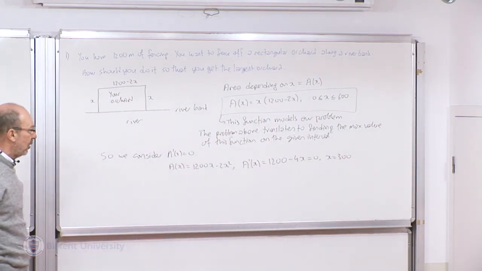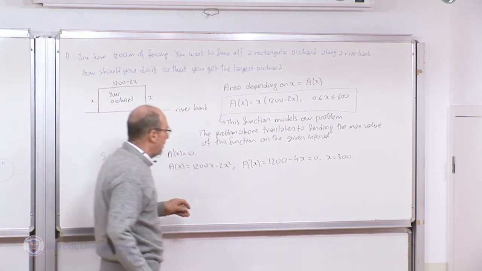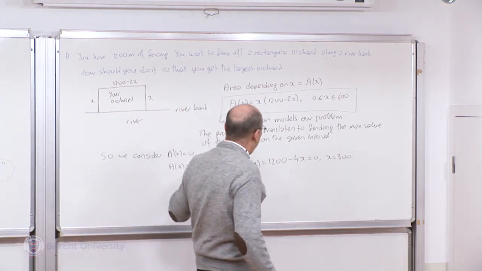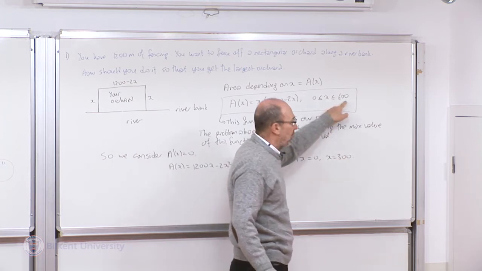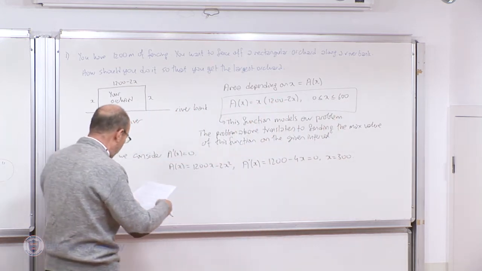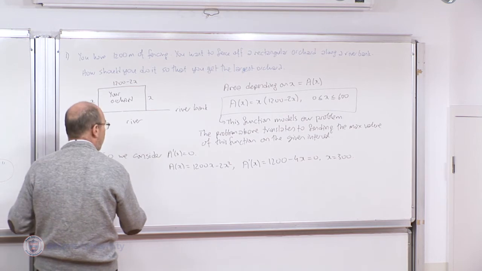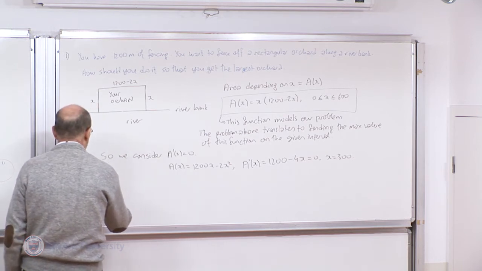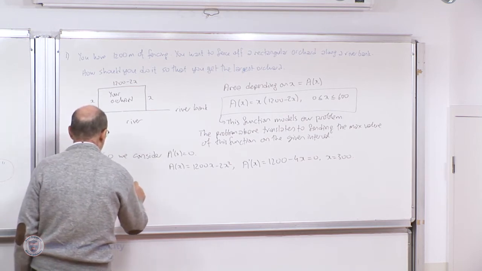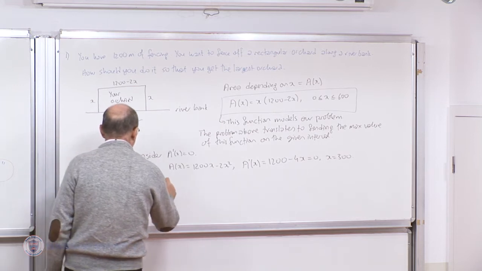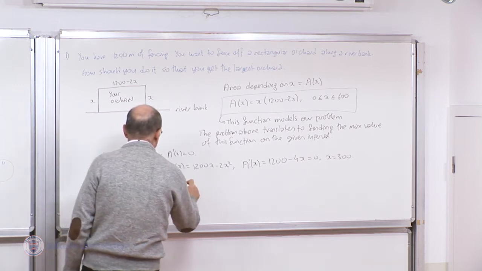Okay? So now calculus tells us to evaluate A of x at this point, and at this point. Let me write the numbers here. And then consider these numbers. A of 0, which is 0.